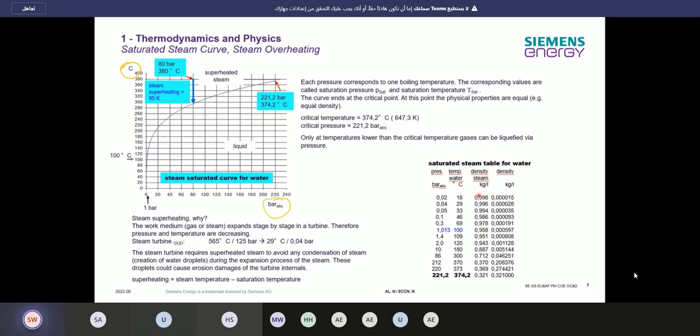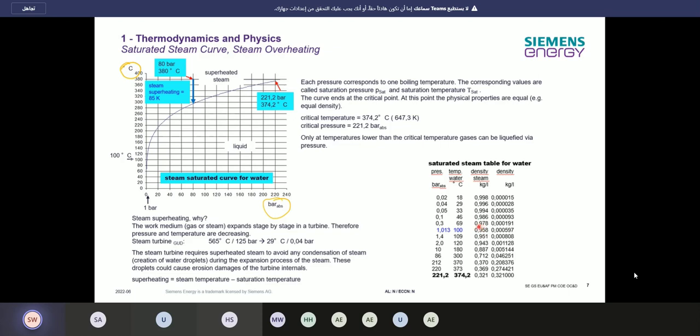So 1 liter of water is weighing 0.958 kg.